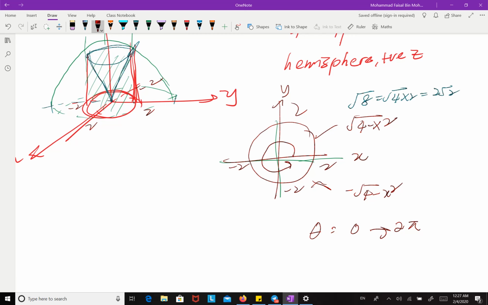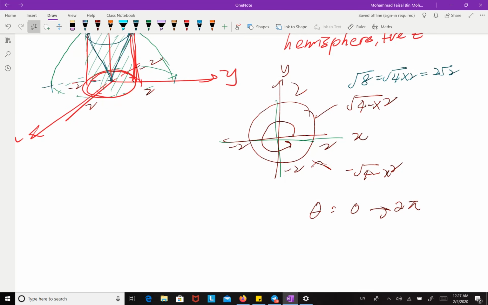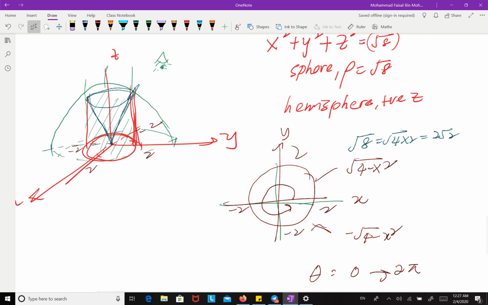Your phi here is from the z axis to the cone.